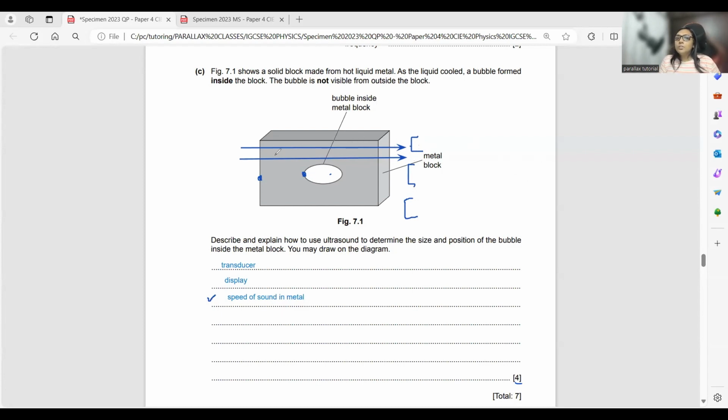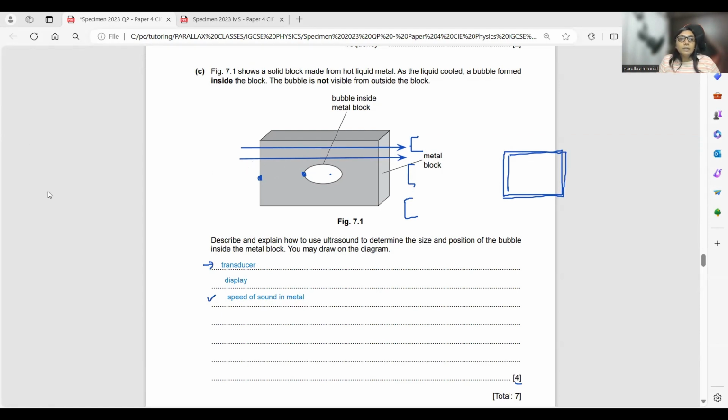You can connect a transducer. The transducer will basically convert the sound signal into an electrical signal, and you connect it to a screen where you can observe what's happening to the sound wave as it travels. So you will be able to see how much distance the wave has traveled, in the first case.